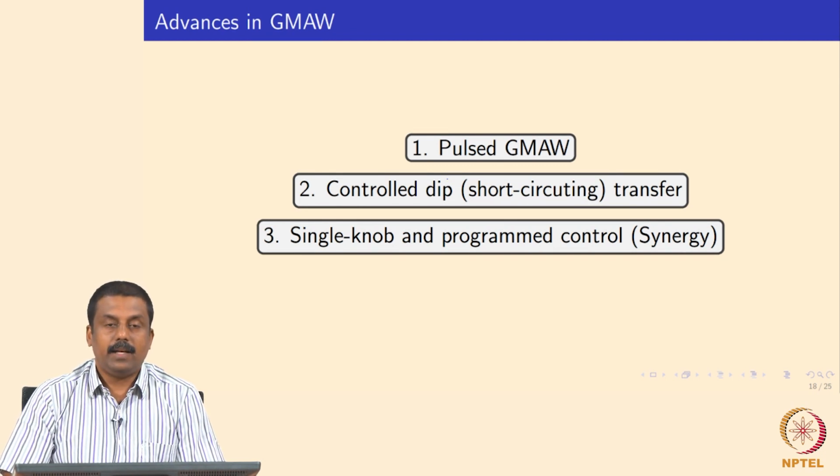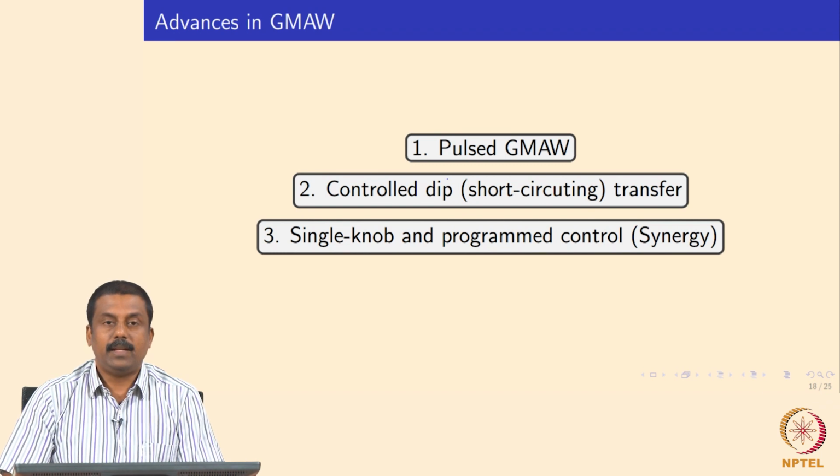But we may also get similar transfer characteristics, instead of using a constant current, by using pulsing. We can introduce pulsing in current waveforms or voltage waveforms to promote spray transition. By doing pulsing, we can also reduce the mean current significantly.